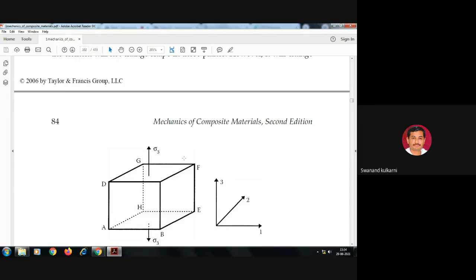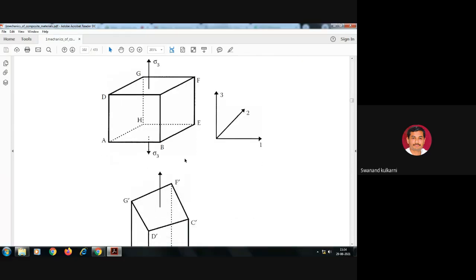Second type of material we considered is monoclinic material. In case of anisotropic material, we require 21 independent elastic constants. In the second category, monoclinic, we require 13 independent elastic constants for any point in order to represent the properties of the material. Is it okay?